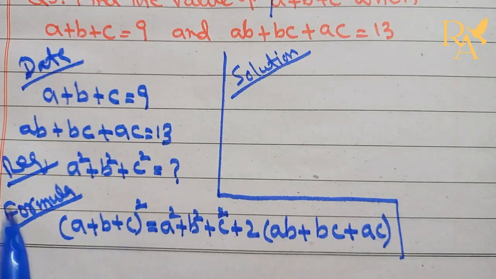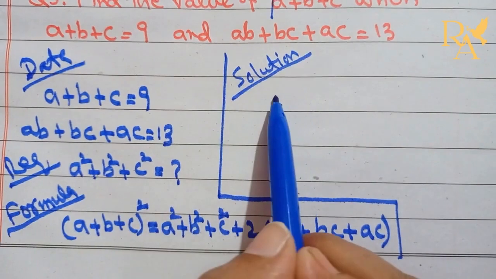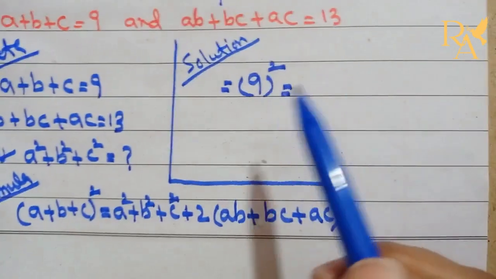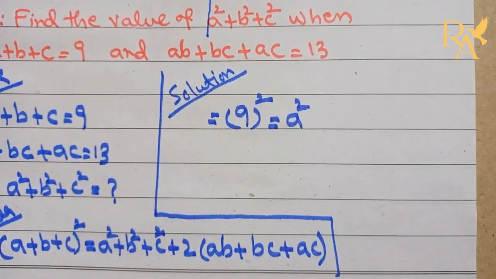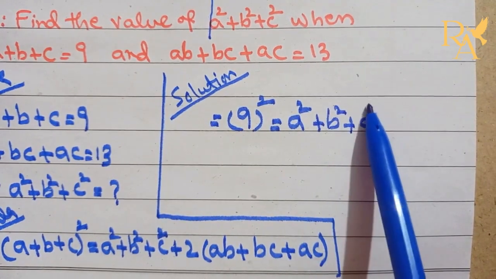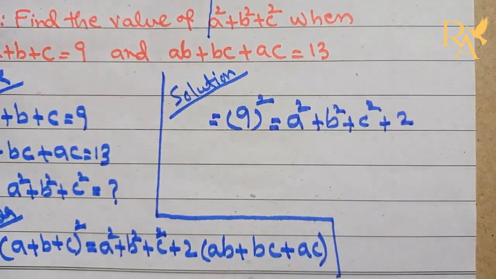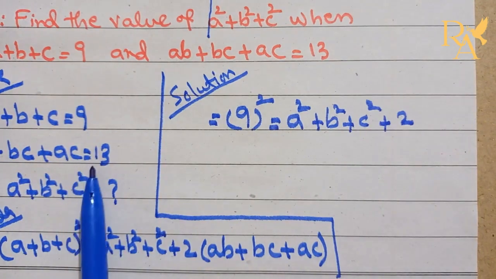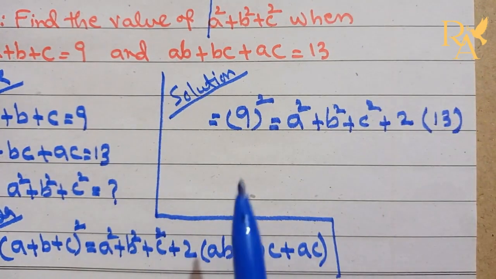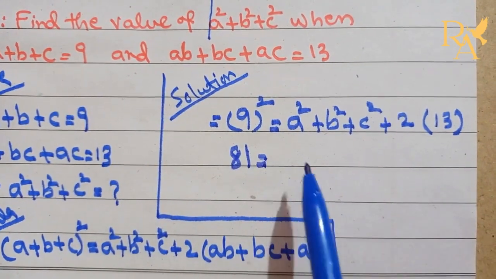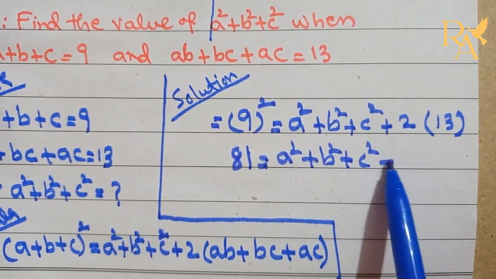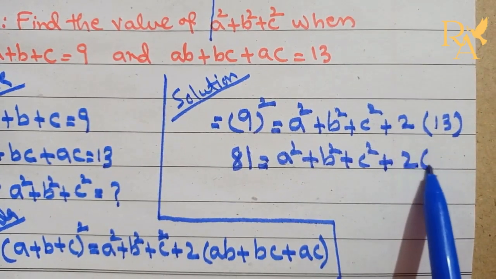A plus B plus C is equal to 9, so here is 9 square is equal to A square plus B square plus C square plus 2 times (AB plus BC plus AC), which is 30 here. 9 nines are 81 is equal to A square plus B square plus C square plus 30 twos are 60.